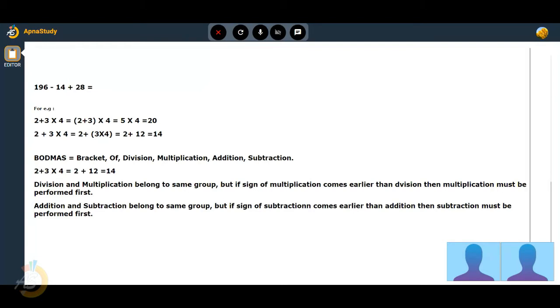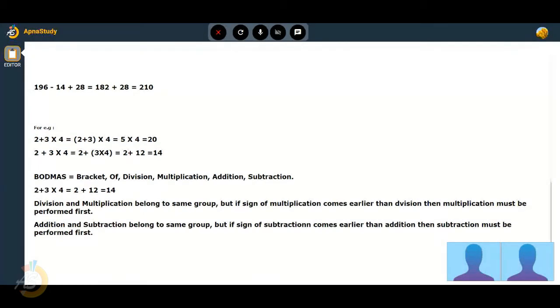So 196 minus 14 equals 182. Then 182 plus 28 is 210. So you got the concept of this? Yes.